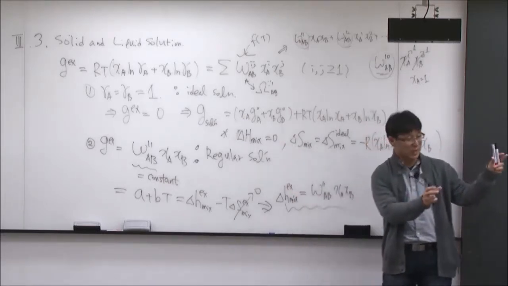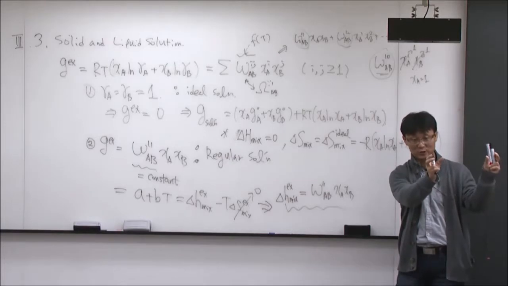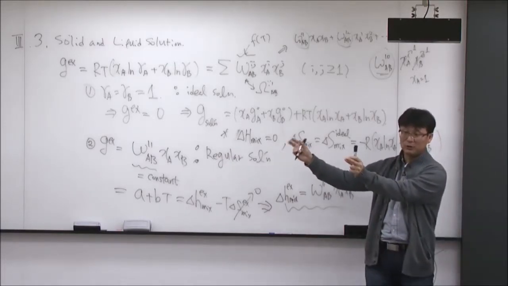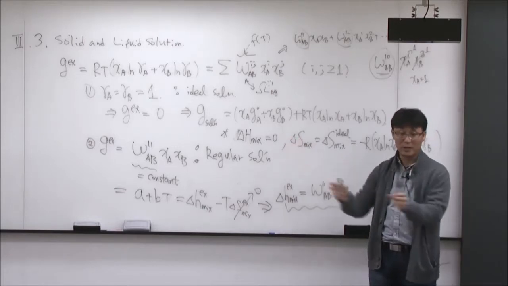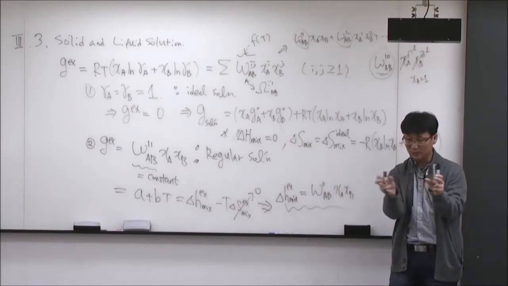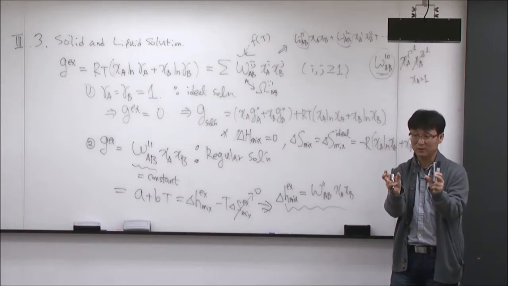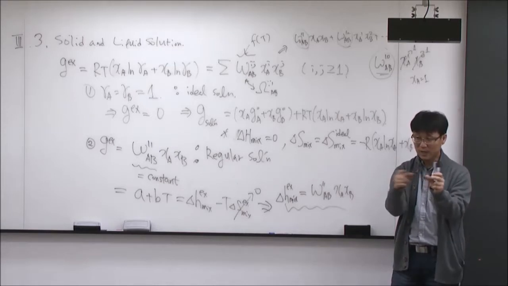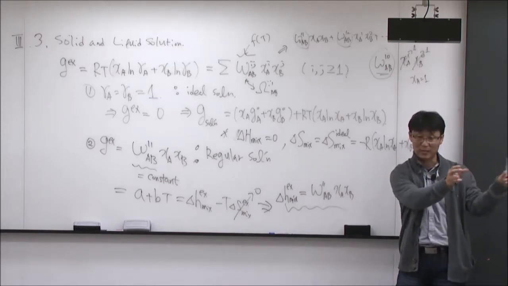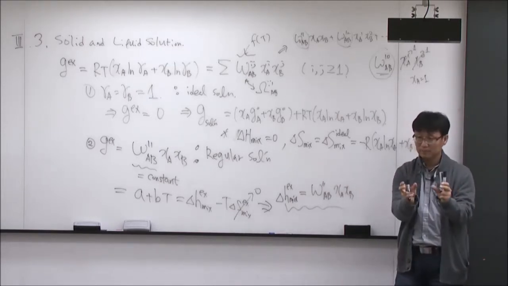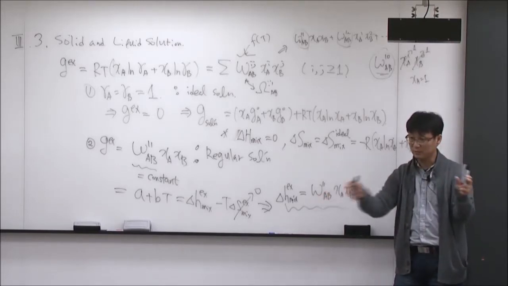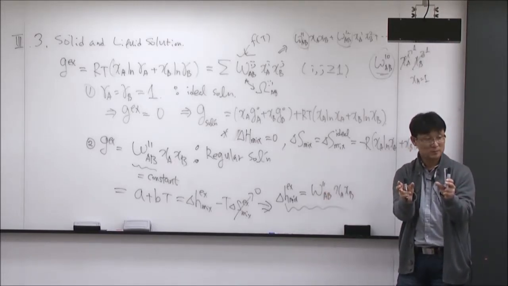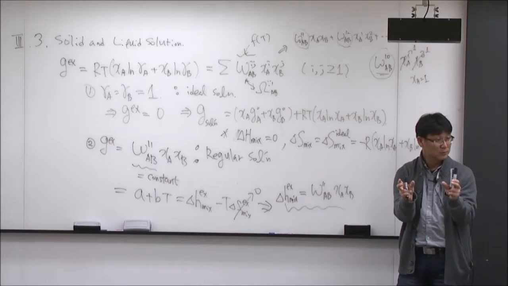So let's assume AA has minus 1,000 joule interaction, BB has minus 2,000 joule interaction. When A and B are together, AB has 1,500 interaction, then this is an ideal solution, because AB has the average interaction of AA and BB. It's linearly changing. Then it's an ideal solution.